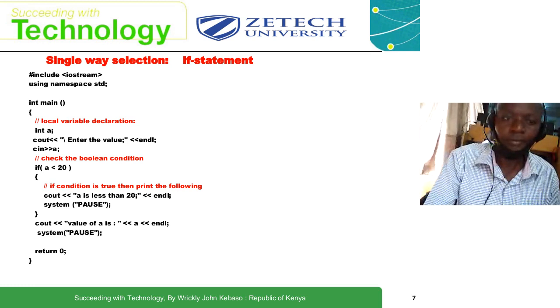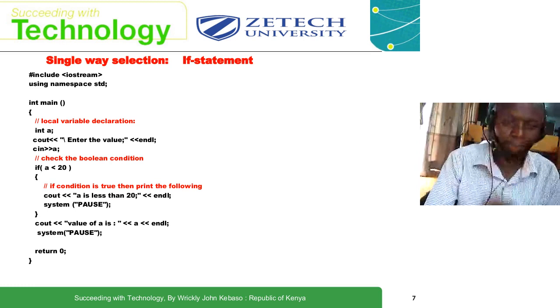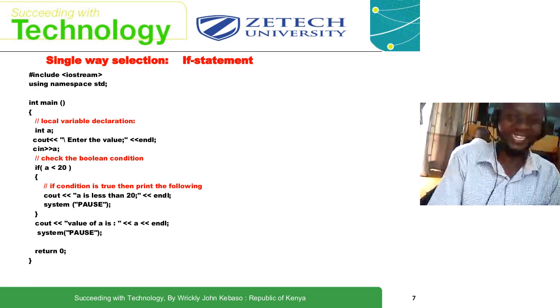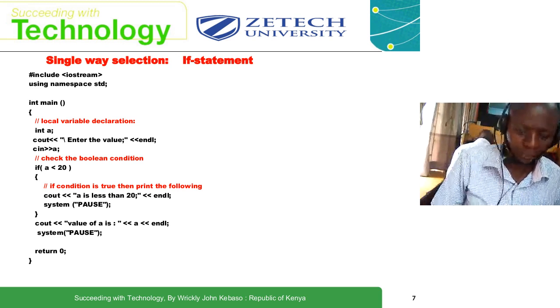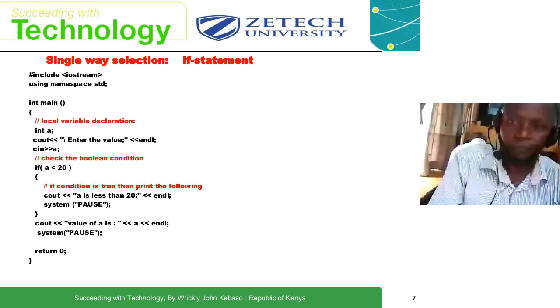Okay, the meaning of the two pauses. All right, it's okay. The two pauses mean that they are used to hold the output on the computer screen for the user to view until somebody presses any key on the keyboard.